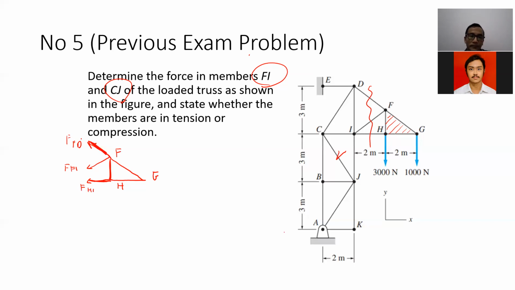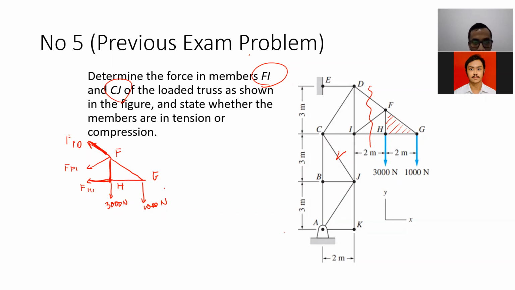What else do we have there? 3000 Newton and 1000 Newton at H and G. Remember, FFD and FHI we do not need to solve, but like it or not, we have to solve it in that case.